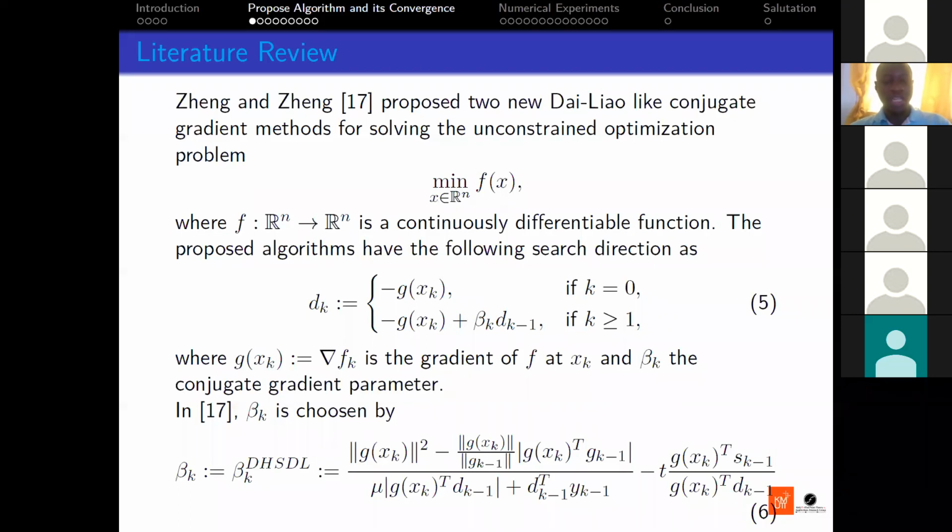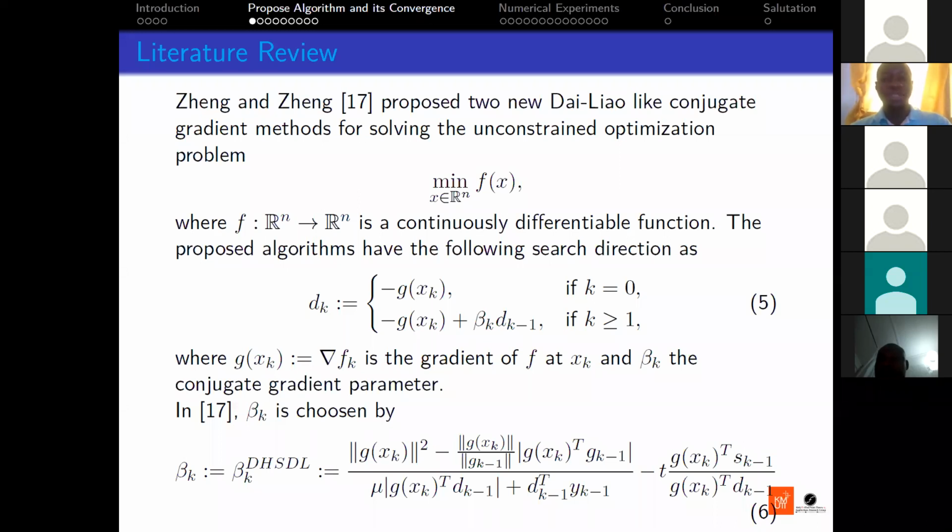I did not mention this earlier. The conjugate gradient method is used to solve unconstrained optimization problems, and at the same time, it can be used to solve general nonlinear equations. But in this case, we are considering nonlinear equations where the function under consideration is monotone and Lipschitz.